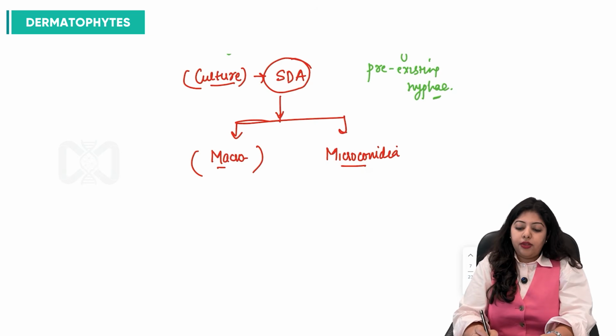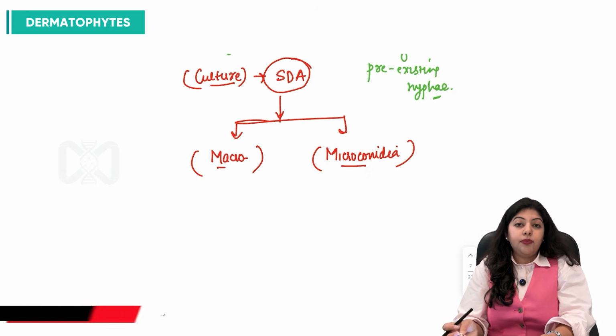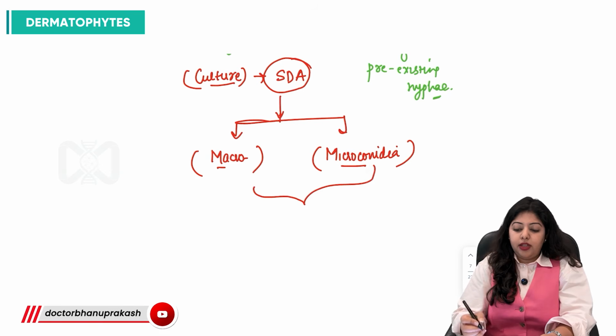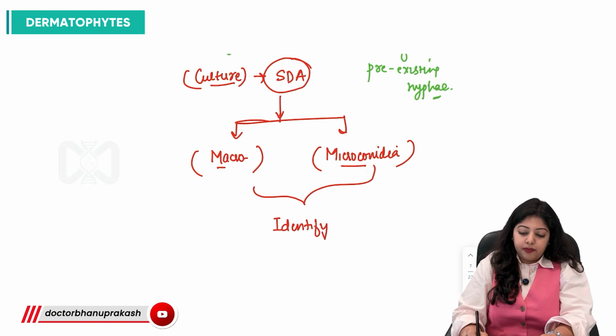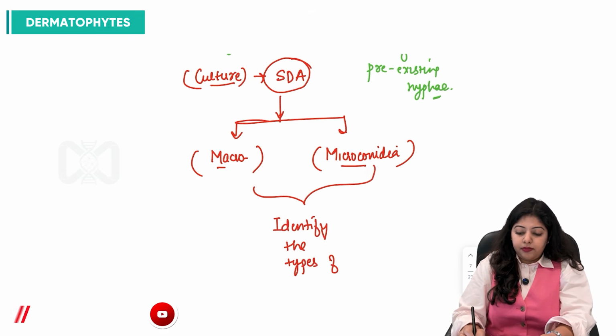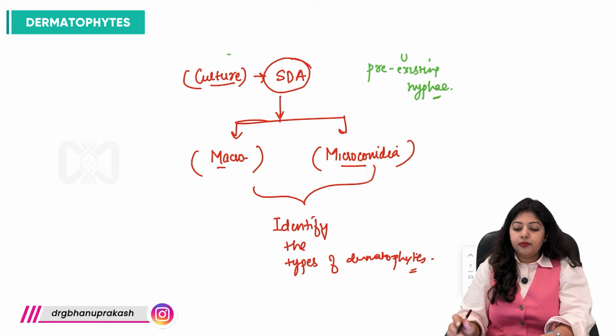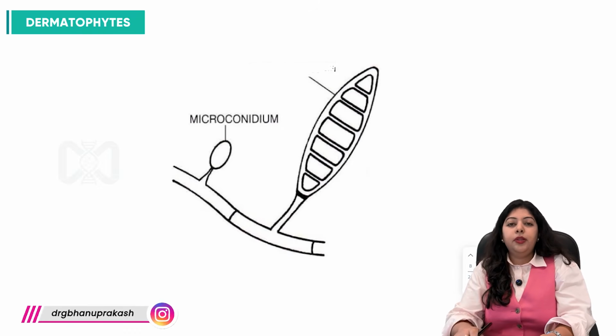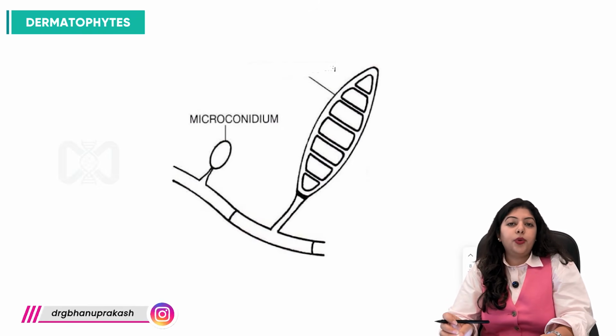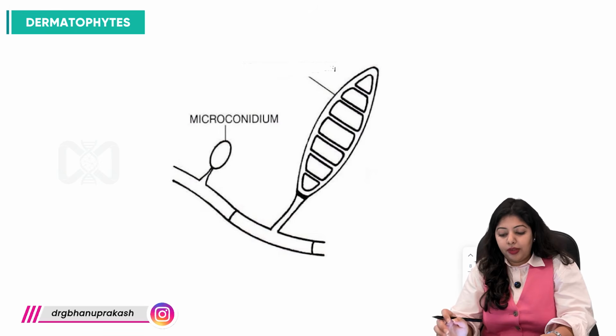And these different types or shapes of macro and microconidia will help us identify the dermatophytes, the types of dermatophytes. Right? Now let us see what these micro and macroconidia look like.